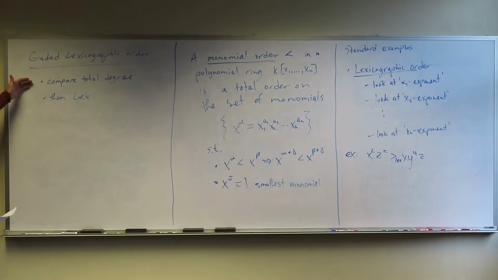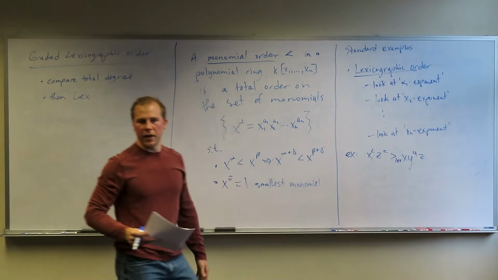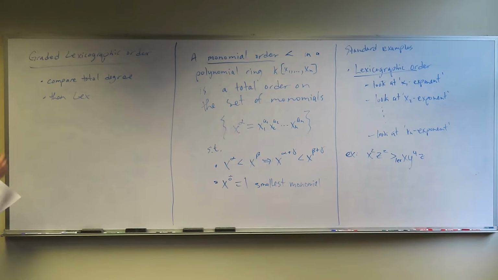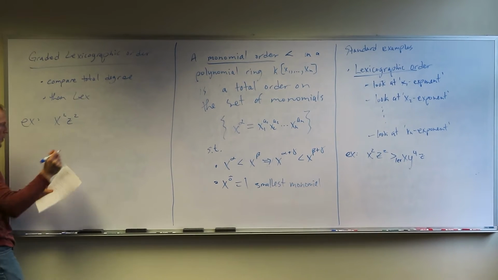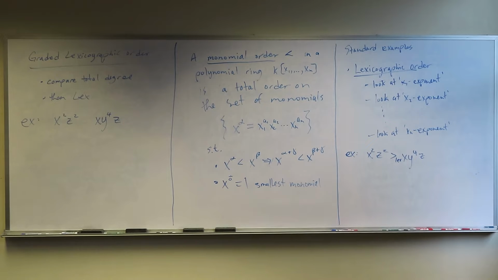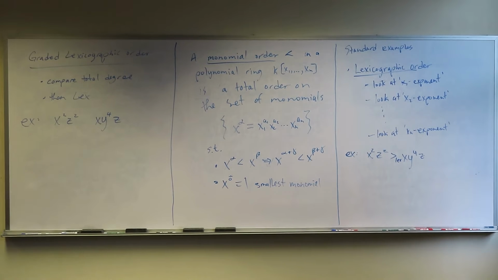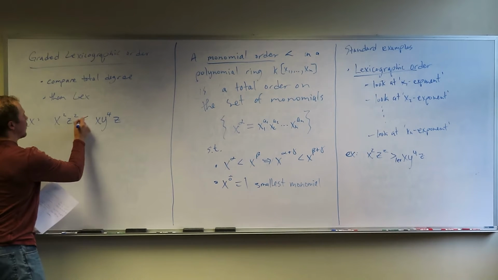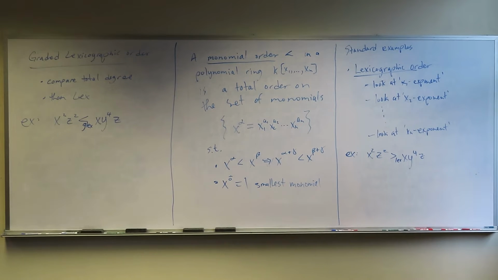So this is the first step, and then if we tie on the total degree, then we go to this list and start looking through there. So an example here is if I have the same ones that we had before, with z. Here, the first step is to look at the total degree. And here we have 4, here we have 6. So we don't even need to look at the individual exponents. This one on the right is going to be bigger. And I'll write that with a little glex next to my order.